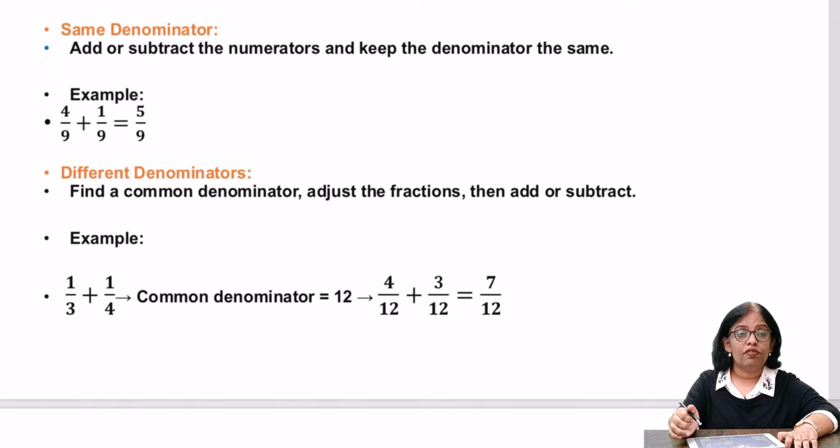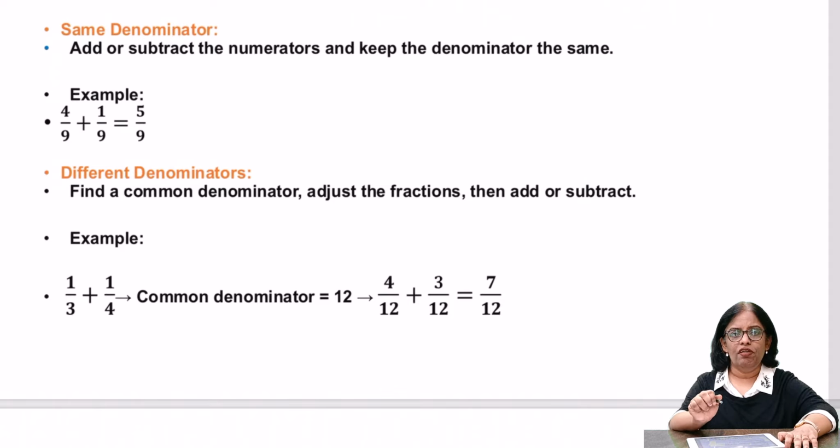Suppose it is like, for example, 4 upon 9 plus 1 upon 9, you can see the denominators are same. In this case I have to add only numerator, that is 4 plus 1 upon 9, that is 5 upon 9 is my proper answer.